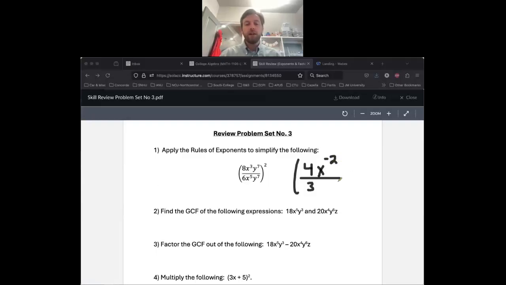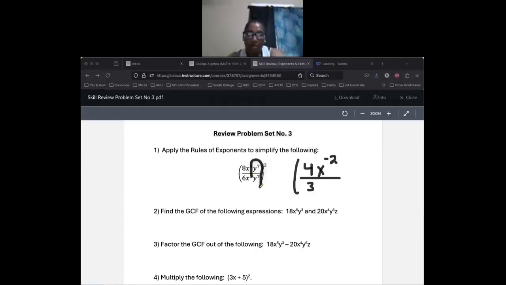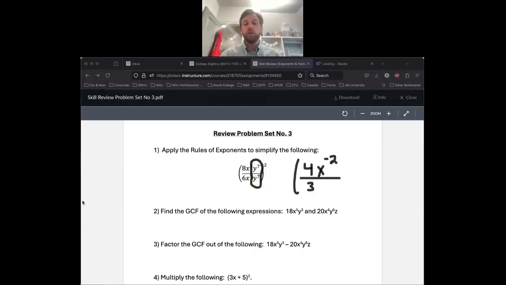And then the y's themselves, y to the 7th over y to the 7th, those will cancel. The y part at least will cancel, and so that leaves it with just the x's. And then everything, don't forget about the exponent of 2 out there. And so we do that.